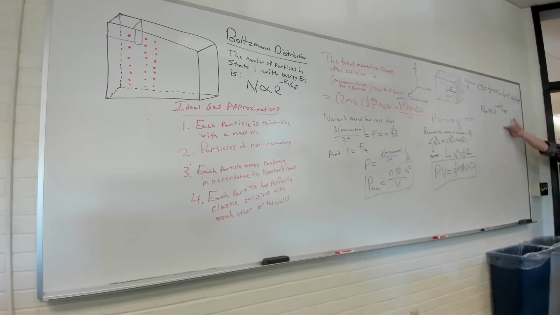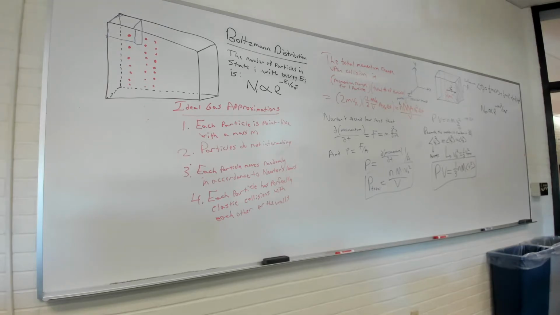So this tells us exactly proportionally what the probability of finding a particle at that velocity is. So that means we can probably calculate an average, since we know the probability of a certain value happening, we can calculate the average value. And that's what we're going to tackle. Now the problem is that this is proportional, not equal.